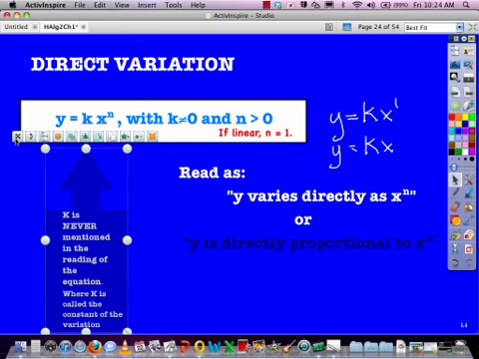There's relationships about the x and y values in all the types, and they're all different. So this one, called direct variation, y equals kx, looks very similar to our y equals mx plus b equation, but the b is missing.